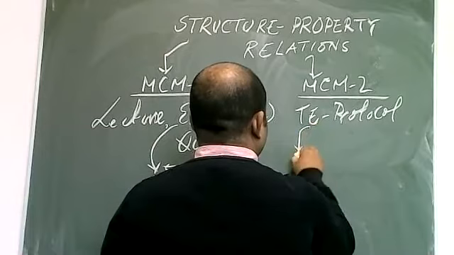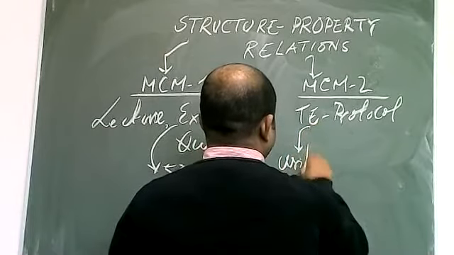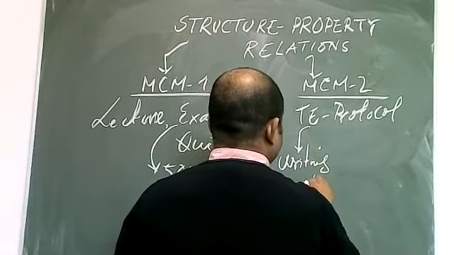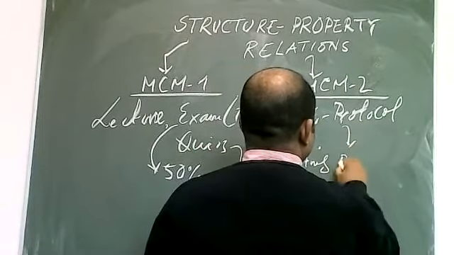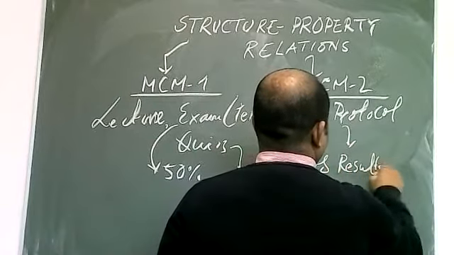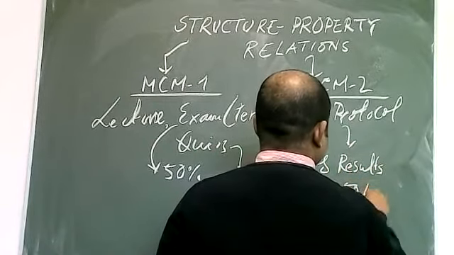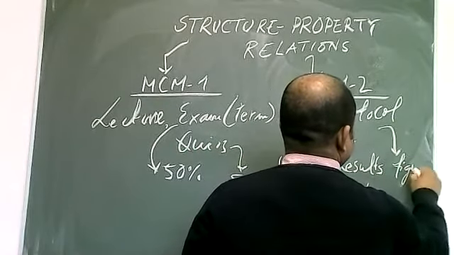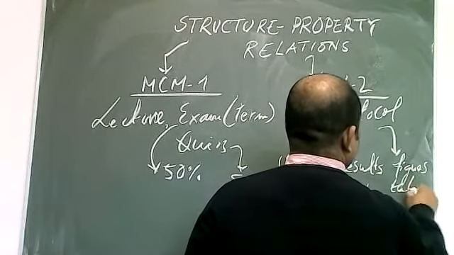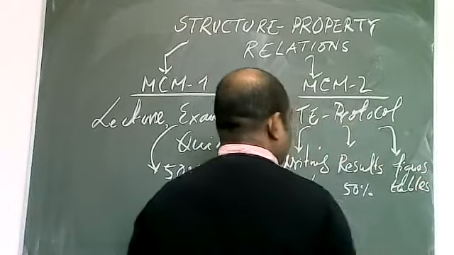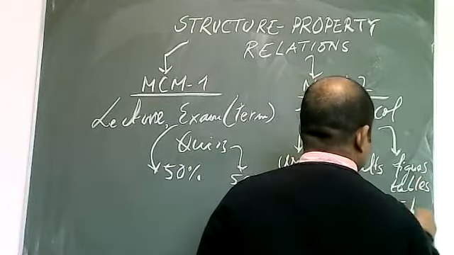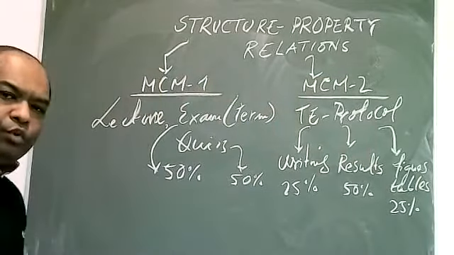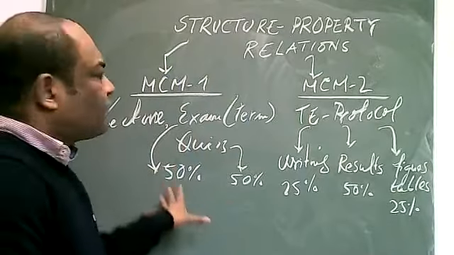We would like to see your writing skill, scientific writing skill, that would give you 25%. Then your result would cover 50%. And then figures and tables associated with the protocol will take 25% of the mark. So this is how the marks have been distributed.